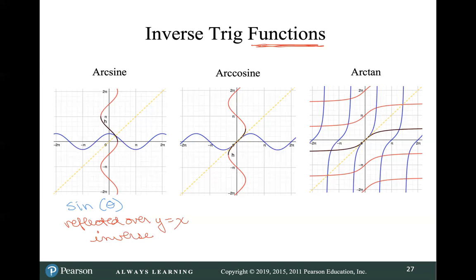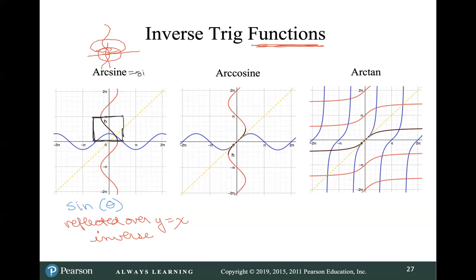Now, if I'm looking at this graph and I want to take part of this to pass the vertical line test, our temptation is to take the part closest to the x-axis, but notice that still fails the vertical line test. So we shift up a little bit and we take the part above the x-axis. So this part in black here is the graph of the inverse of sine.